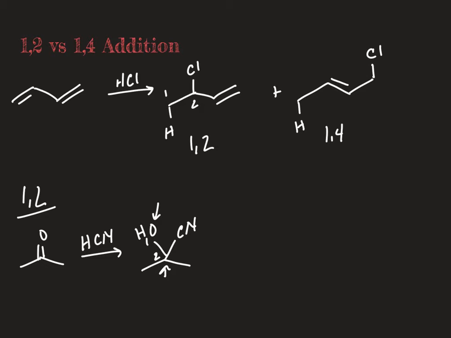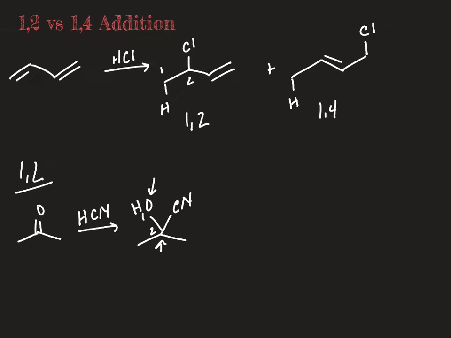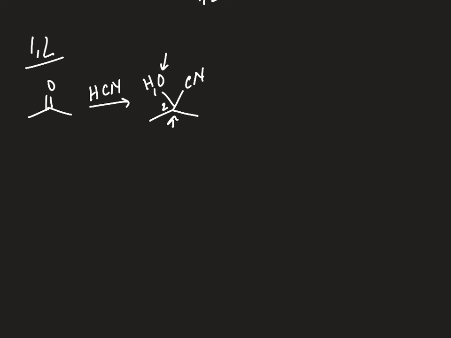If we want to think about 1,4, this is going to happen when we have the alpha-beta unsaturated carbonyl. So where does that alpha-beta nomenclature come from? The carbonyl, whether it's a ketone or an aldehyde, doesn't matter in most cases, but we're going to have a double bond that is again conjugated. I can draw resonance structures here, so this can shift.